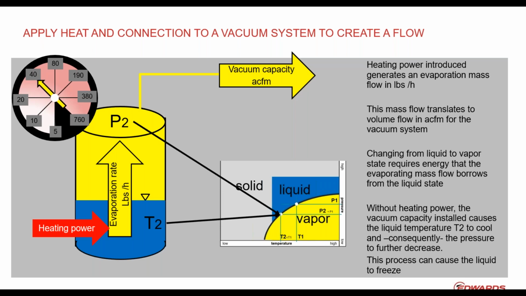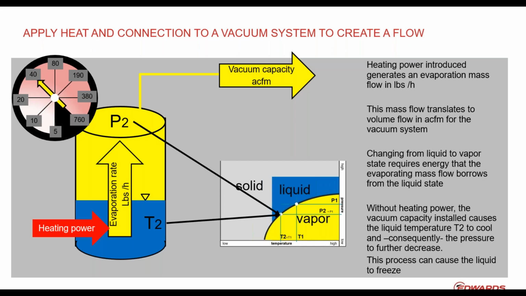In order for the mass to change phase from liquid to vapor, that takes energy, and it borrows the energy from the liquid state. So just to be clear, if we wouldn't apply heating power, with just the vacuum capacity going, the pressure in the reactor is again determined by the temperature of the liquid.